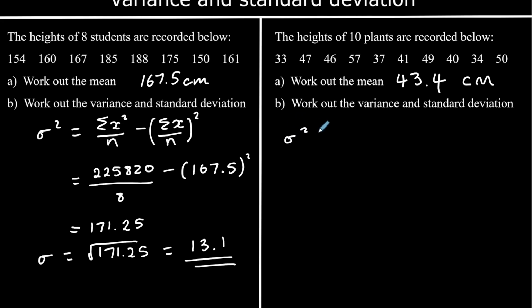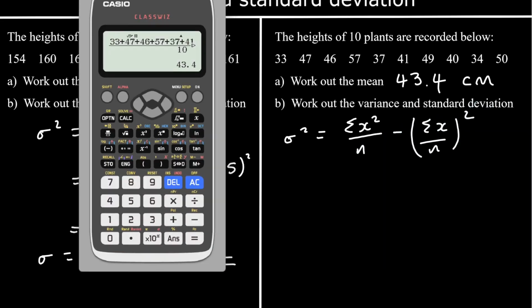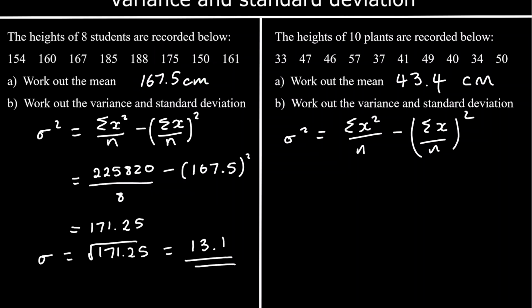The variance and standard deviation. So the variance is the mean of the squares minus the square of the mean. So we need the sum of the x squareds, which is 19,370.